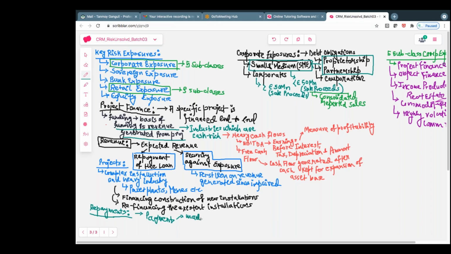Okay, so over here, what we are trying to see is how the payment is made. Payment made from the revenue generated.